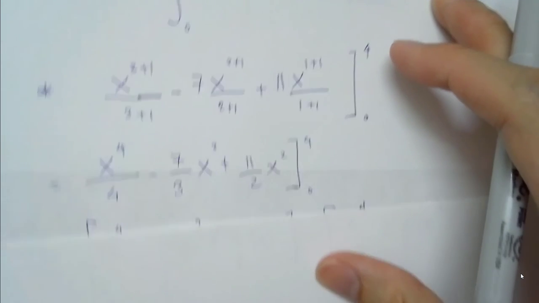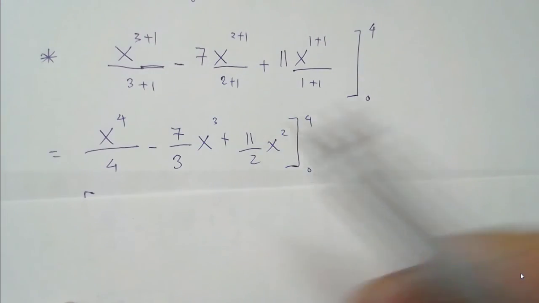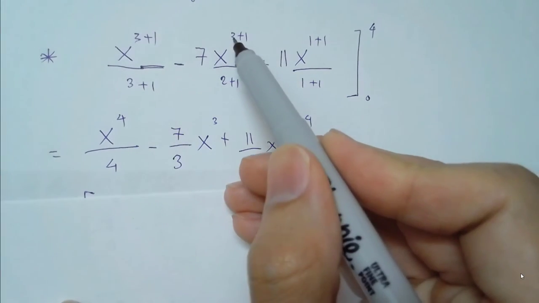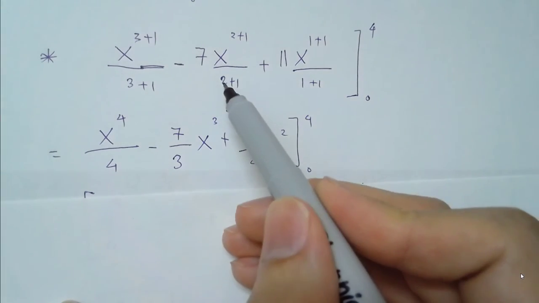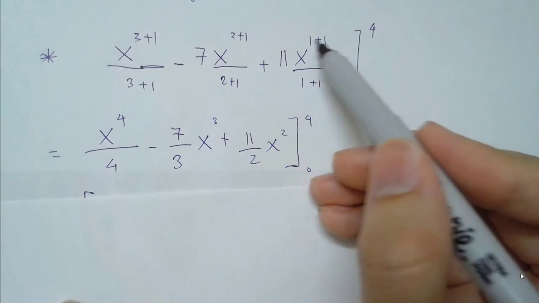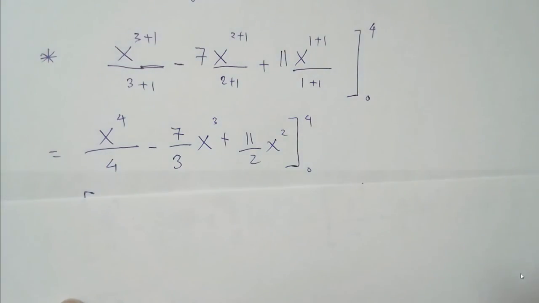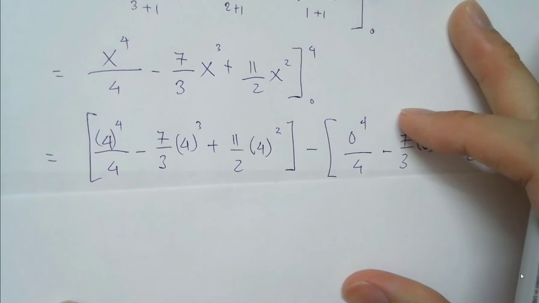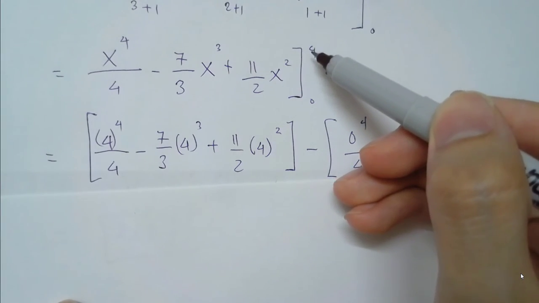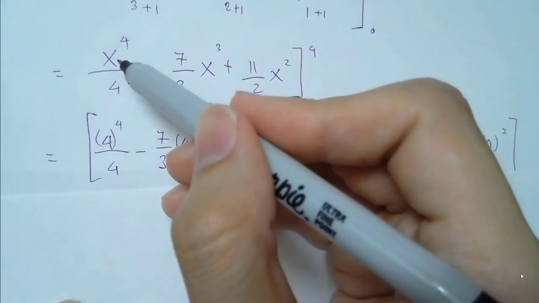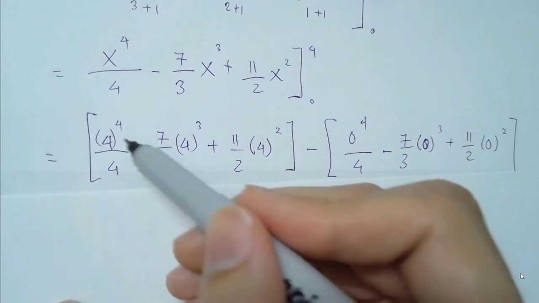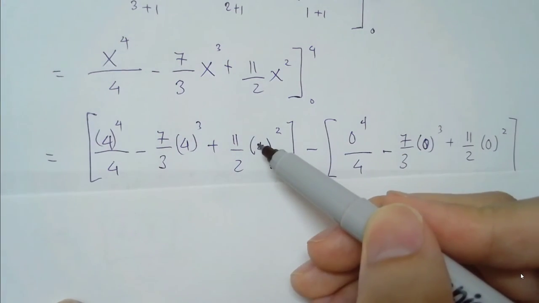We can simplify this further before we make the substitution. 3 plus 1 is 4, 2 plus 1 is 3, and 2 plus 1 is 3 down here, 1 plus 1 is 2, and 1 plus 1 is 2. Finally, I take 4, the upper limit, and plug it into all the values of x here, here, and here.